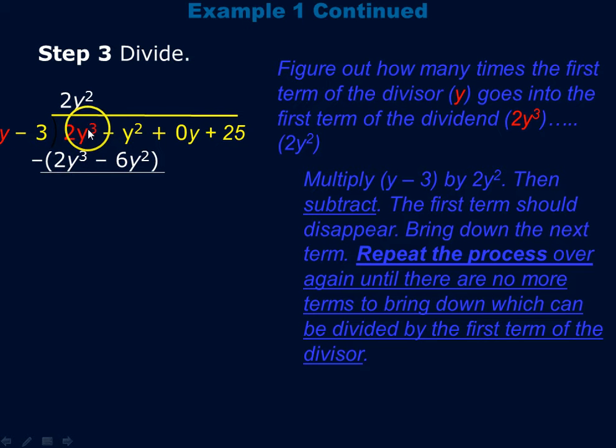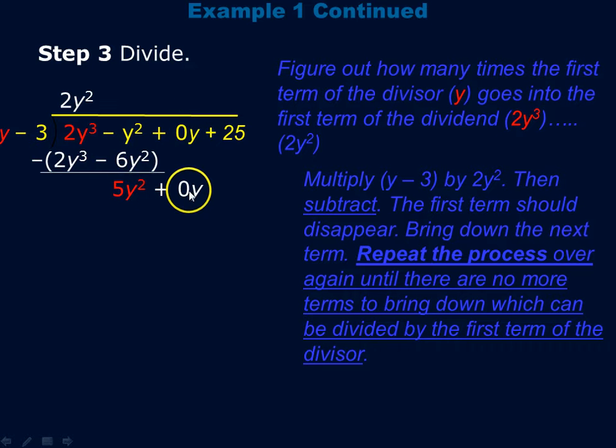Now, what is 2y cubed minus 2y cubed? It's going to be 0y cubed. And what is negative y squared minus negative 6y squared? Well, that's the same thing as negative y squared plus 6y squared, which gives us a 5y squared.